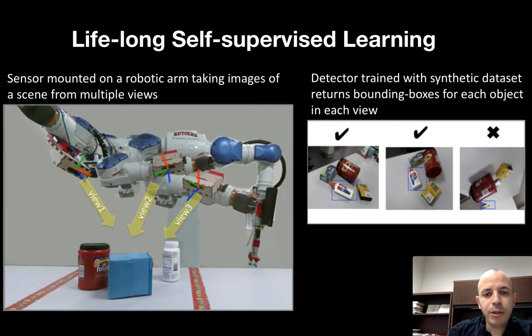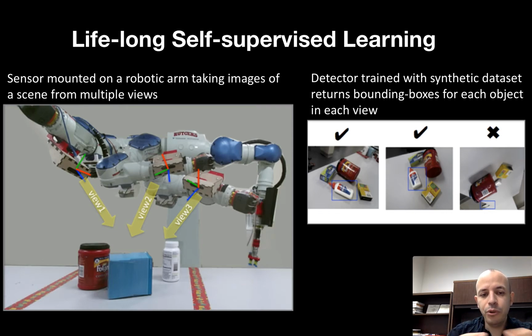So the last thing I want to talk about regarding this subject is this lifelong self-supervised learning property or idea. And the idea there is that you collect data, you train the detector, you have a pose estimator, you have a system that works well, but then you want to enhance it by adding data that the robot can collect by itself.